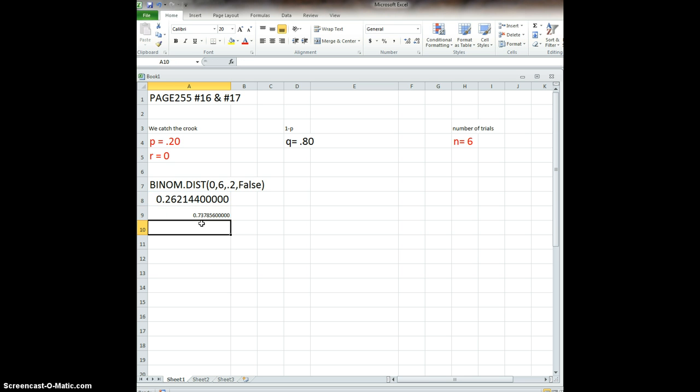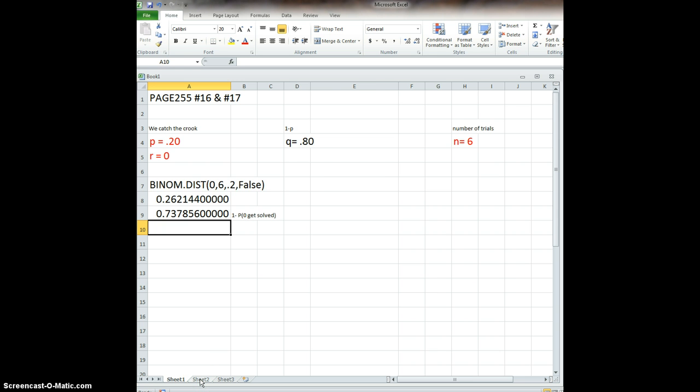All right, so if 26% of the time no crimes get solved, that means 1 minus the probability that 0 gets solved. That's the answer for at least 1 being solved.